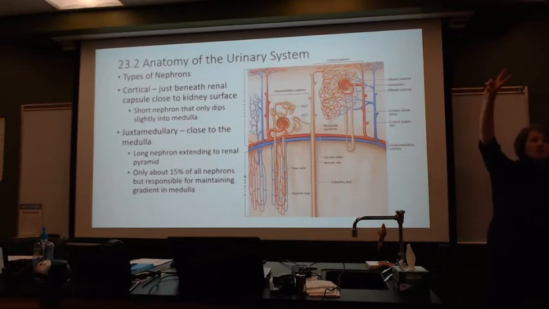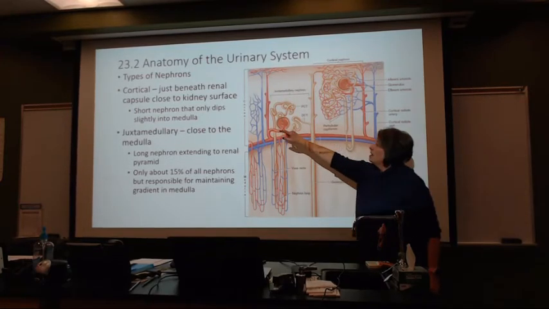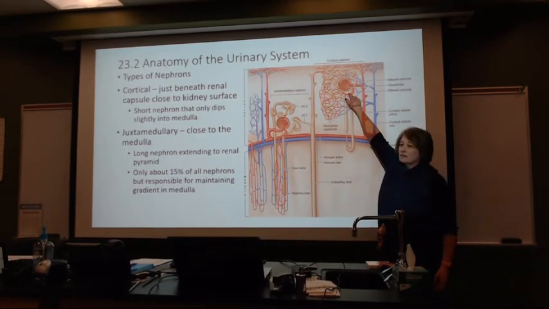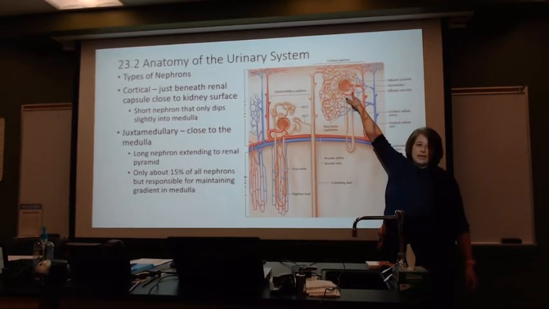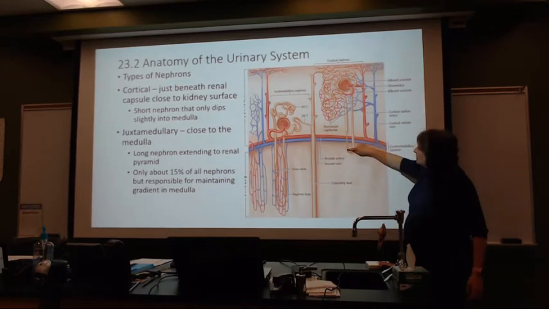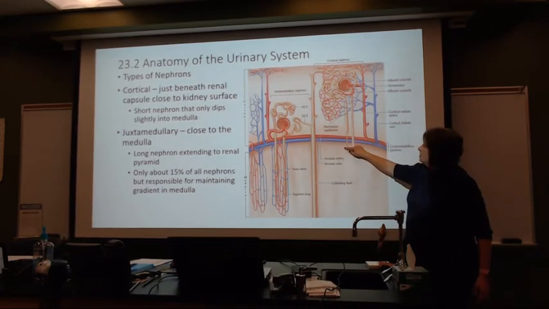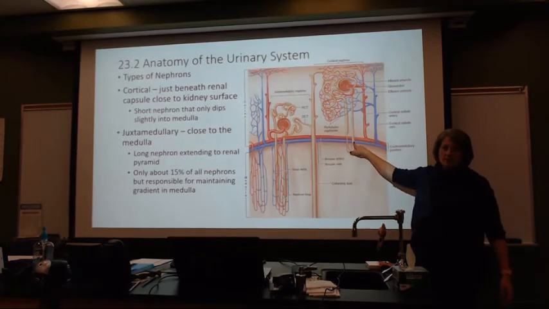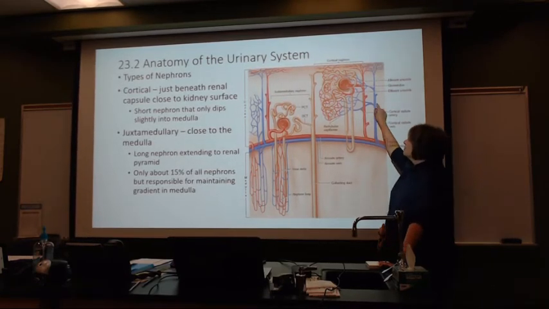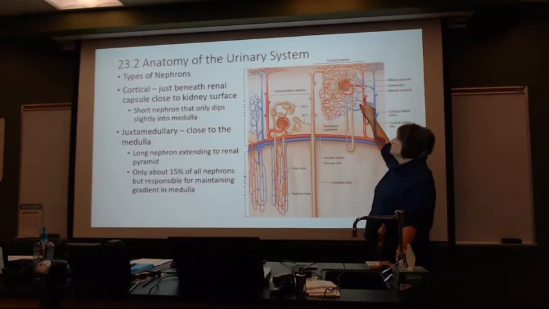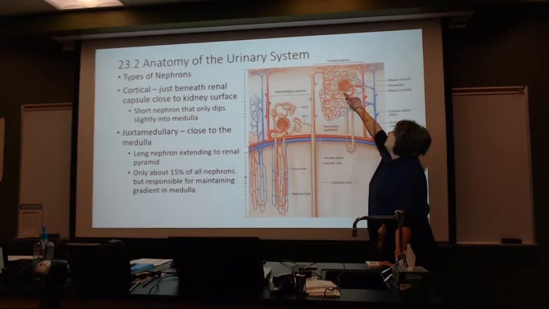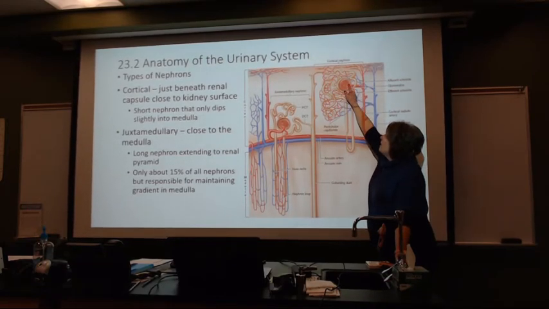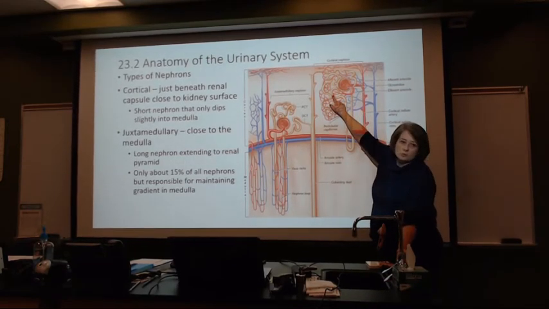So of the two types, cortical, just like their name implies, the majority of it's in the cortex. Very little dips into the renal pyramid and medulla. Does everybody see that? And the blood vessel structure is around this glomerulus and my coiled tubes.